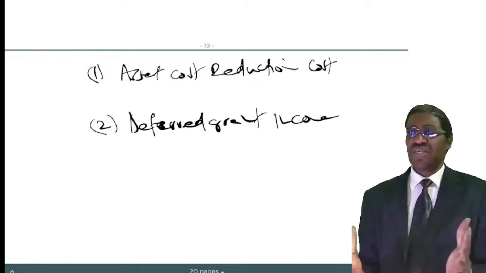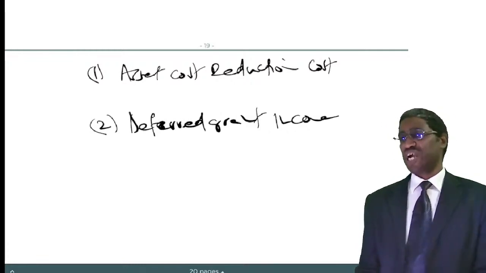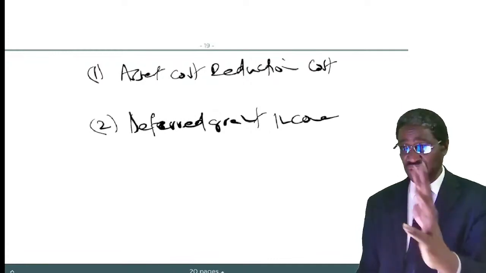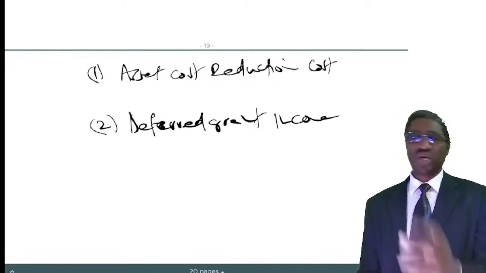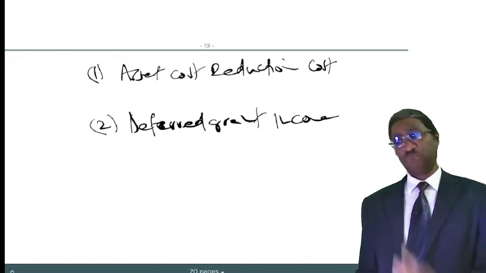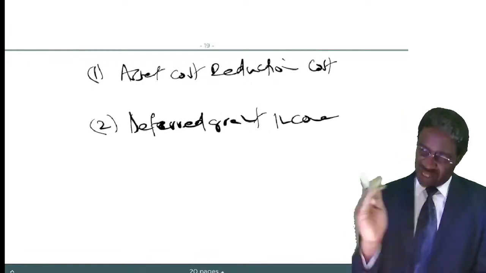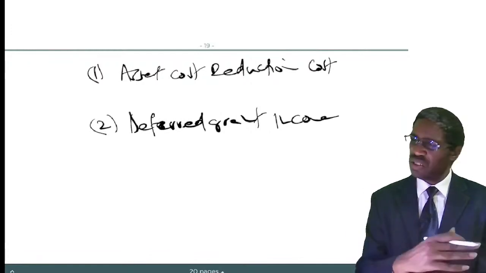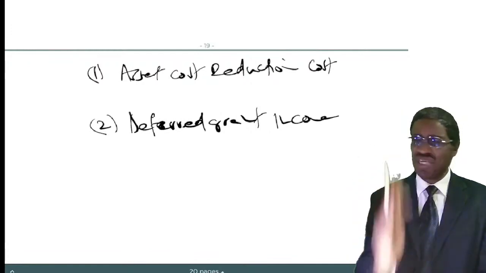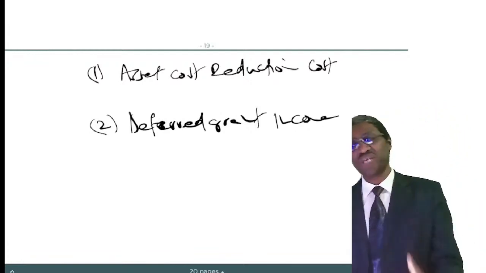You received a grant this year to pay for employees' training. Maybe the government is sponsoring training of your employees. You are given 2 million shillings to sponsor the training of your employees as a business. That means you just consider the 2 million as an income, meaning you just debit bank, credit P&L account, or you credit the income account.